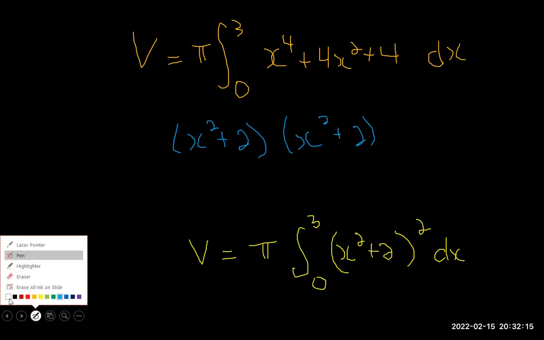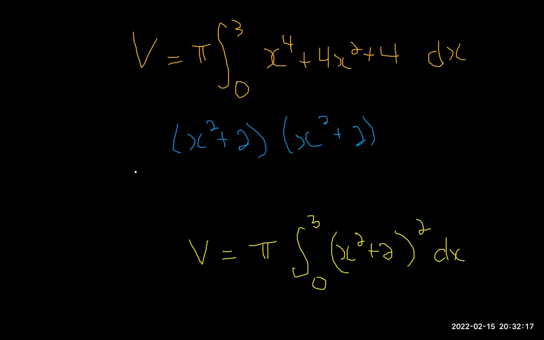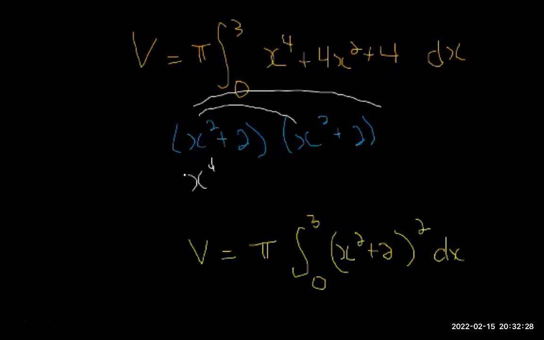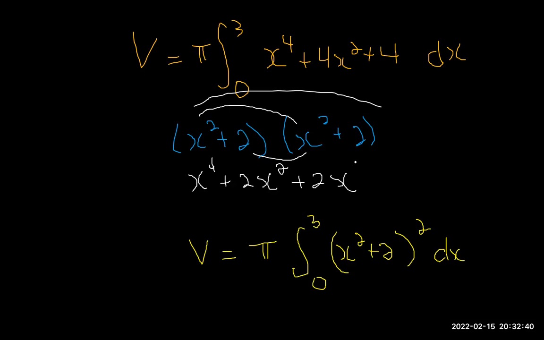So x squared plus 2 by x squared plus 2. The first x squared by this one, x squared by x squared, that's going to give me x to the 4. Then it's x squared by 2, so that's plus 2x squared. Then 2 by the x squared, so that's plus 2x squared. And then 2 by 2, which will give me plus 4.